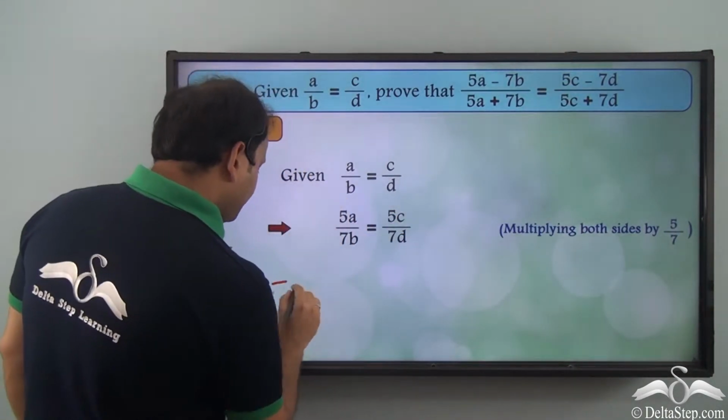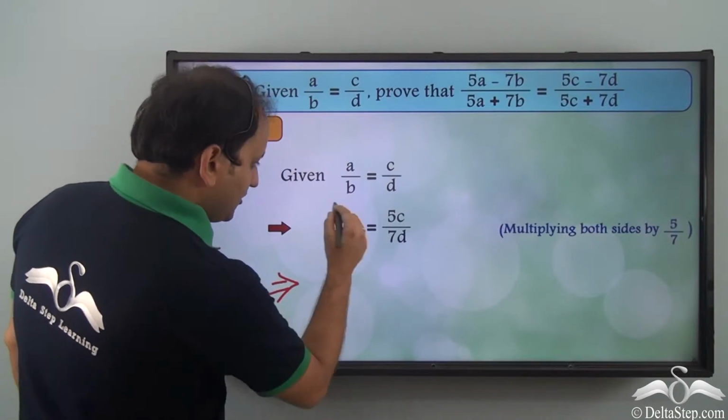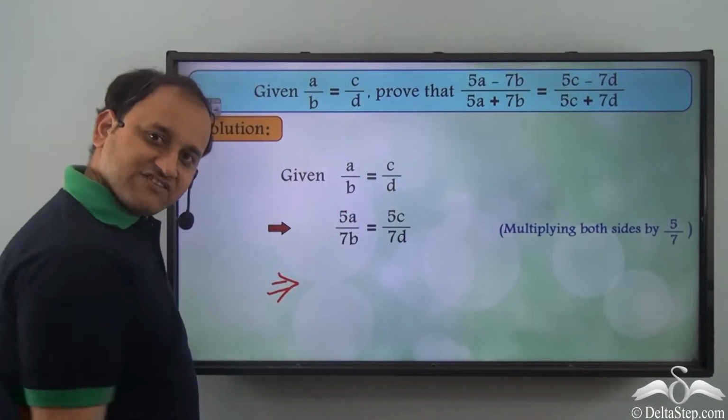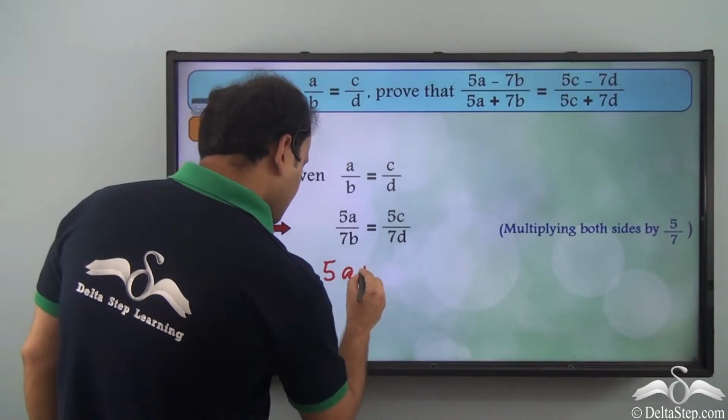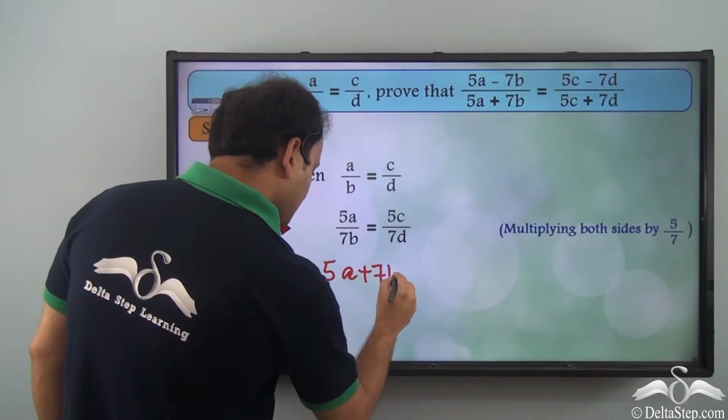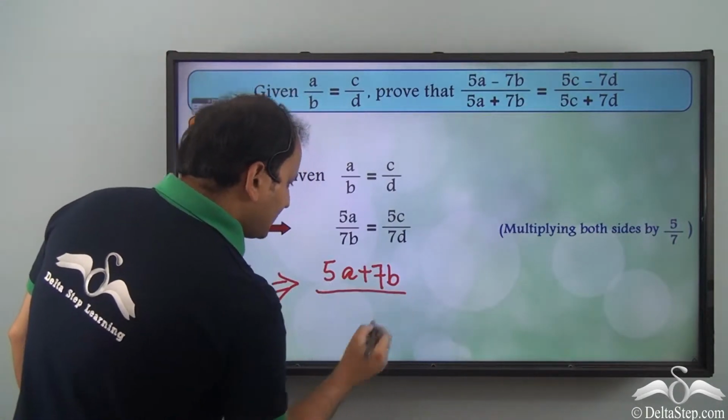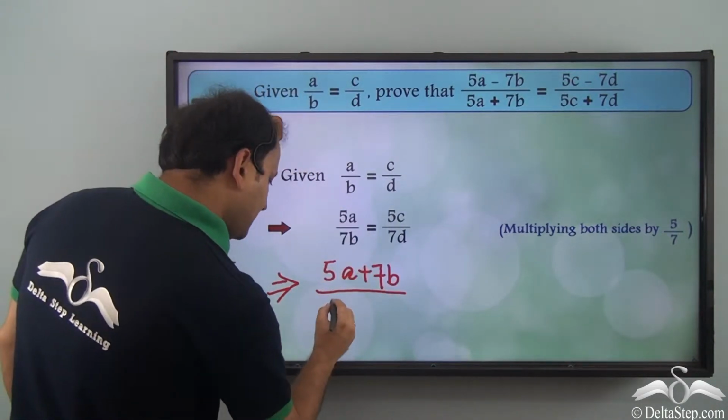So, if we apply it here, what do we get? We will get 5a plus 7b by 5a minus 7b.